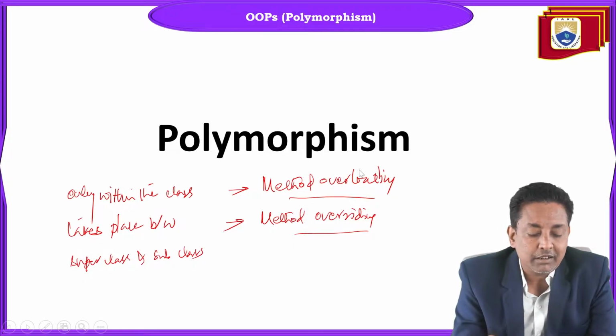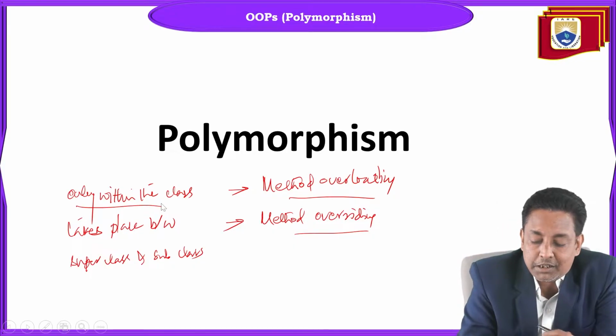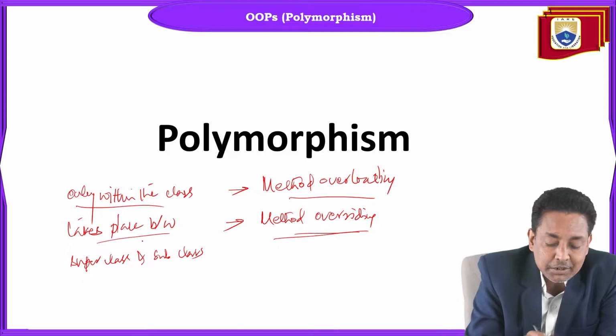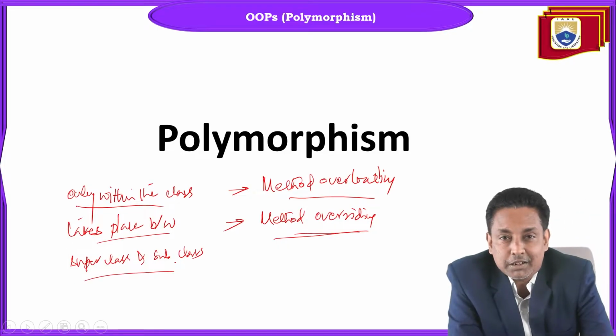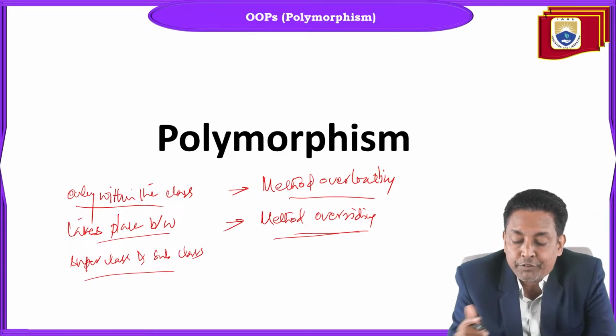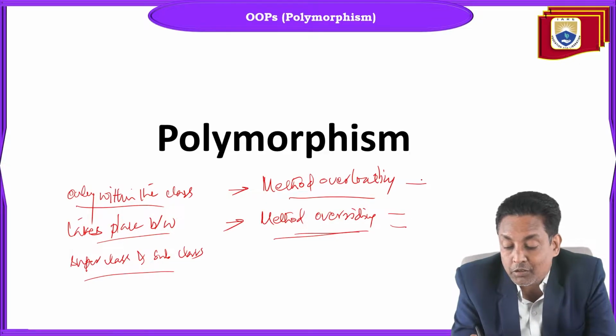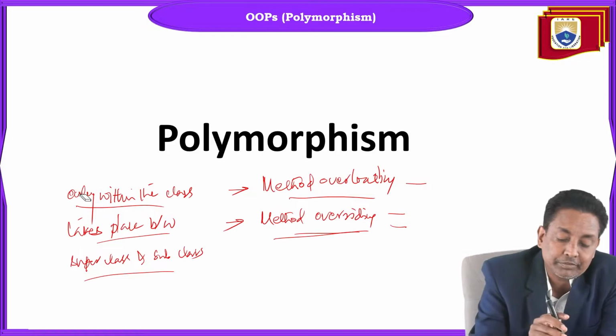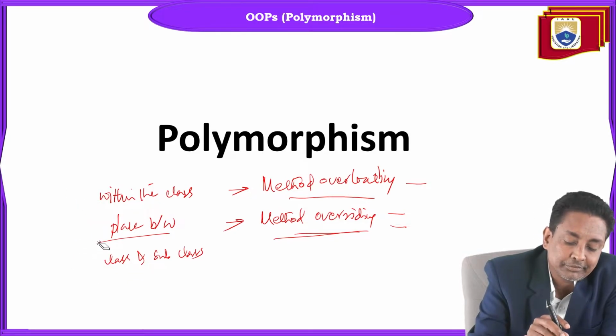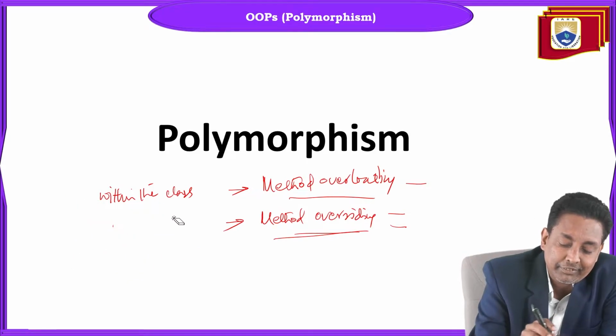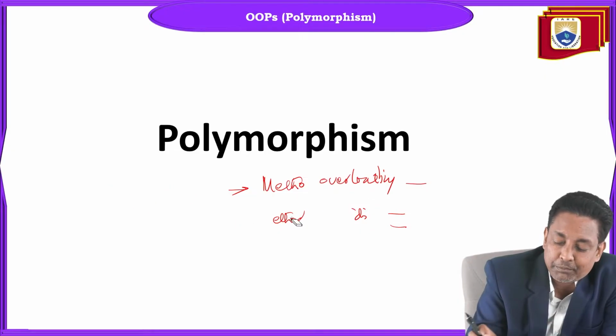Method overloading takes place only within the class. Method overriding takes place between superclass and subclass. Therefore, for method overriding, superclass and subclass, two classes are required. For method overloading, one single class is sufficient. We'll come up with an example.